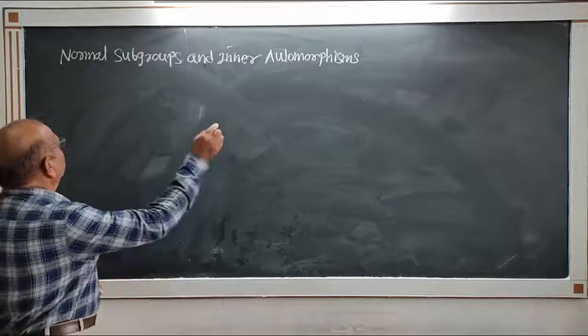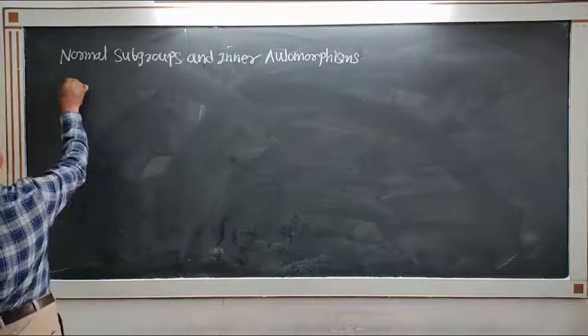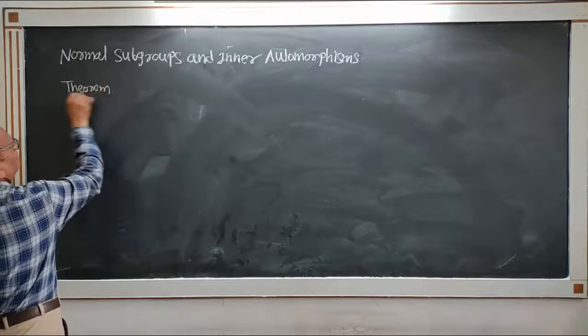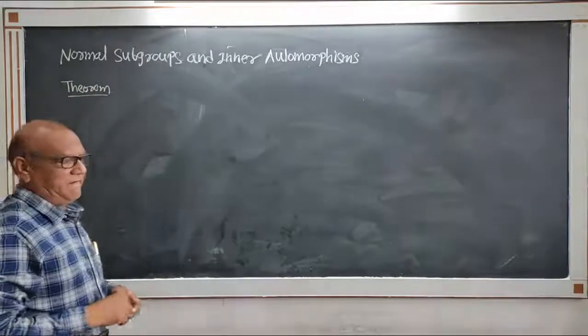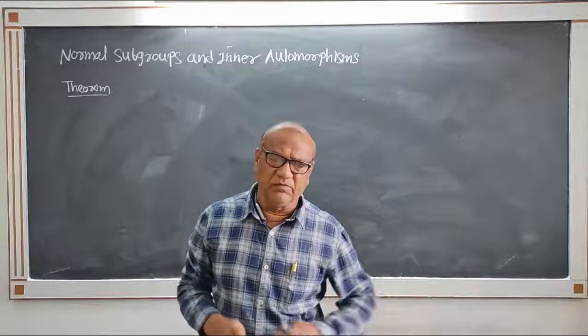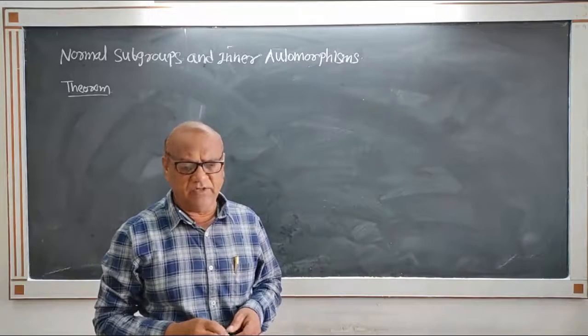See here, one theorem. We know if H is a normal subgroup, then every left coset is equal to right coset.